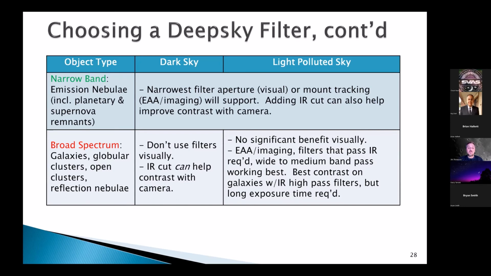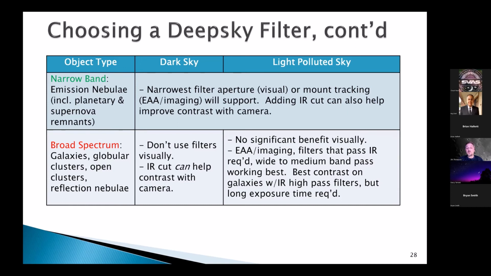If using a camera, however, a wide to medium broadband filter that passes infrared works best. Even better contrast can be achieved using an infrared high pass filter, although very long exposure times will result.